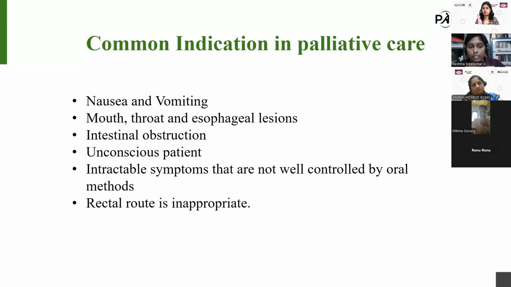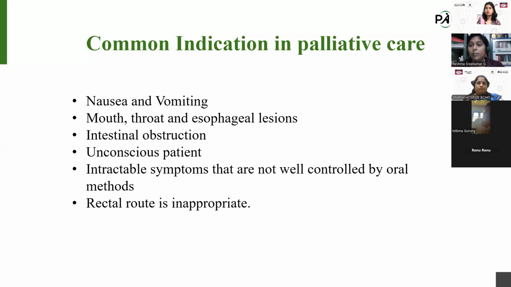And in cancer patients, if a patient is started on opioids, and after a few days the patient receives chemotherapy or radiation, and suddenly develops nausea and vomiting, and the patient is in home care, usually we instruct the caregiver to make the oral morphine tablet into paste form and apply it in the rectal area. It is the same as the oral absorption. If the patient is not able to take orally, we can give morphine per rectally.